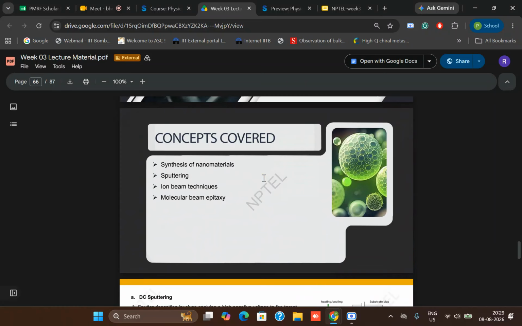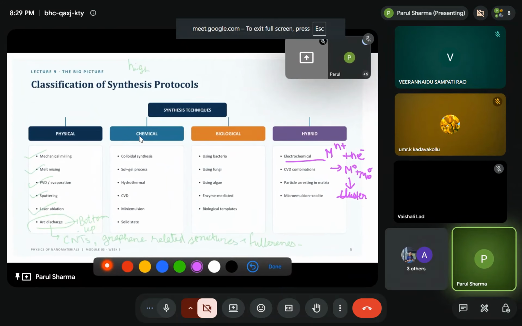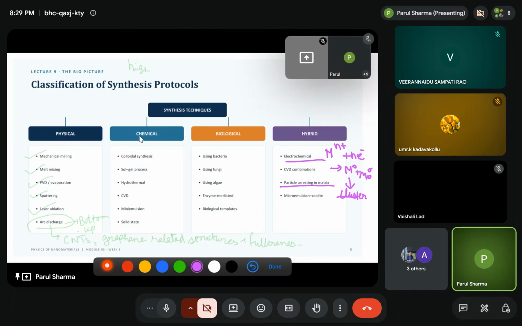So this is also a hybrid process, which is a top down approach for producing nanoparticles.